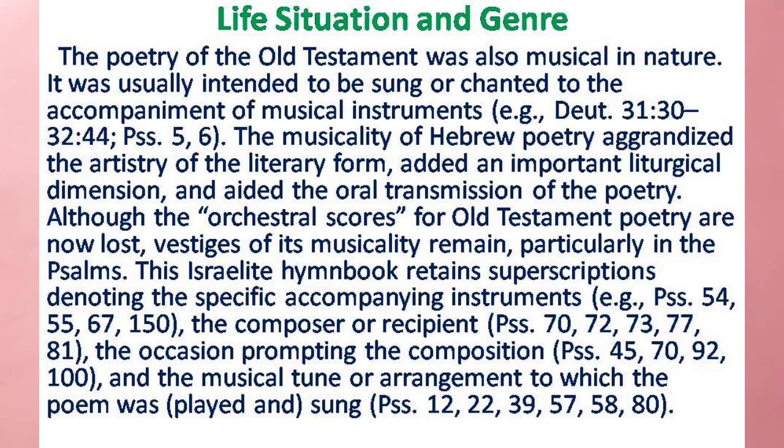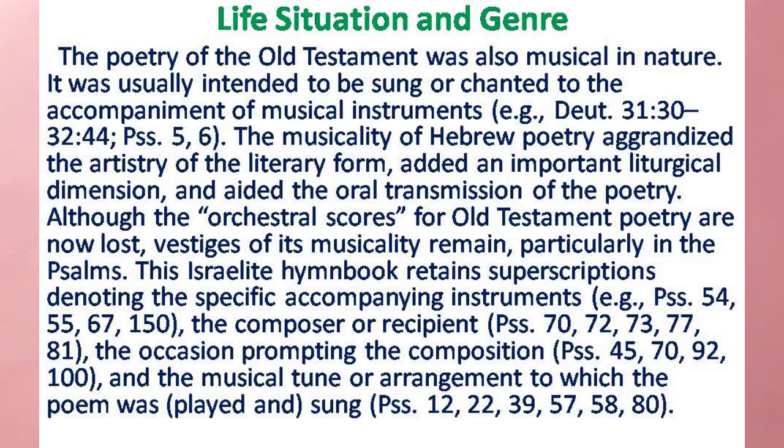The occasion prompting the composition is also given. Some psalms indicate the occasion on which the psalm should be sung. We have songs in the modern day in our Christian circle; we have different songs to sing on different occasions, just like that. For the Hebrew people, these psalms are not for all occasions.